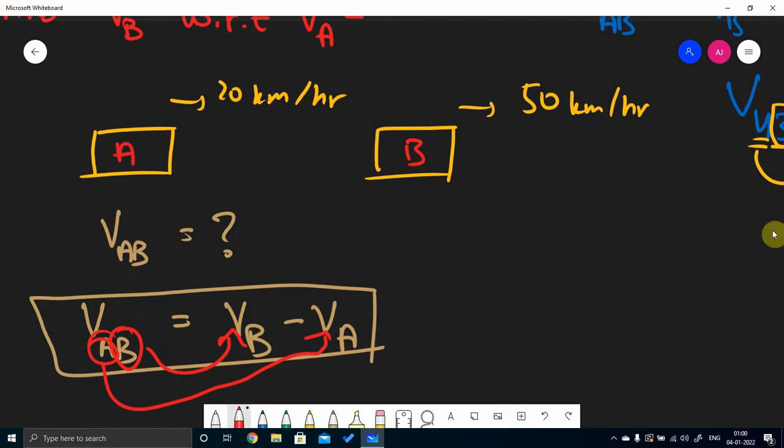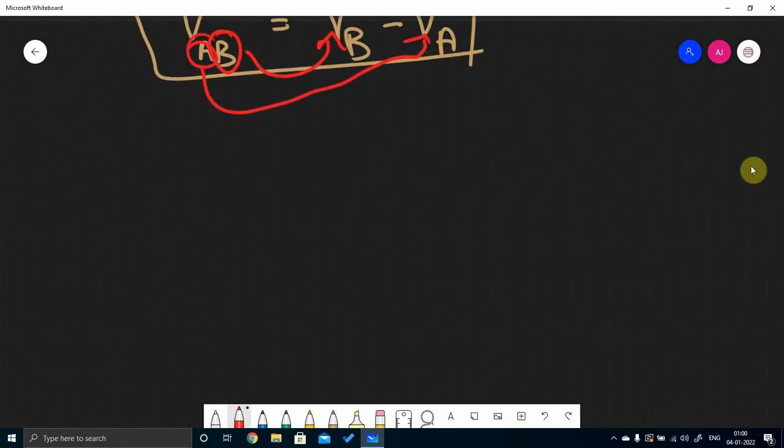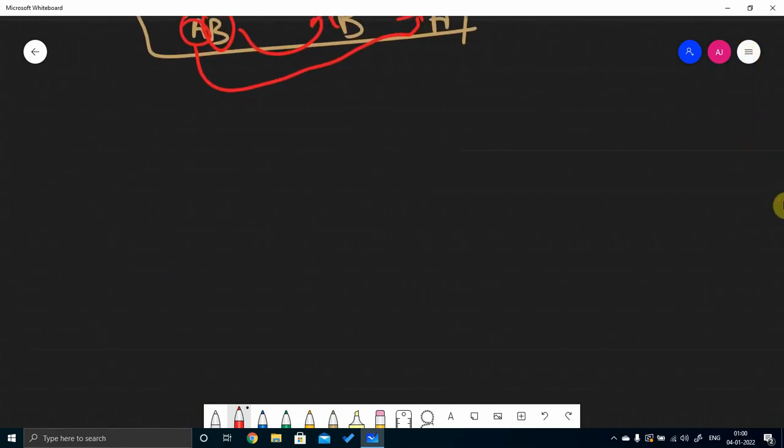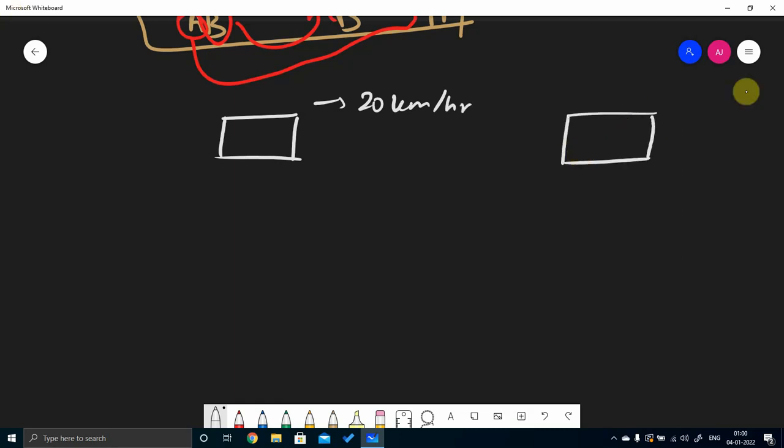Now what we are going to do is move over here, and let's draw these two again. I know this might be a little frustrating, but it's definitely worth it. Right, so this is moving with velocity 20 kilometers an hour, while this over here is moving with a velocity of 50 kilometers an hour.